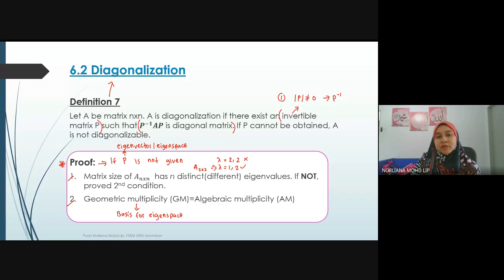The number of bases for eigenspace. And the algebraic multiplicity is depend on the eigenvalues kan. The number of eigenvalue occur. Kena dua teorem ni lah.